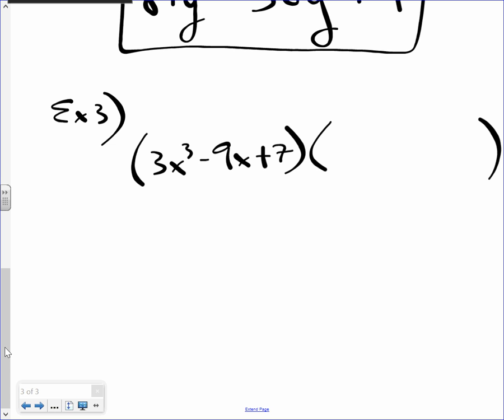I got a trinomial now. Times x squared minus 2x plus 1. I got a trinomial times a trinomial now. This is third gear. This is math 3, big league stuff now.